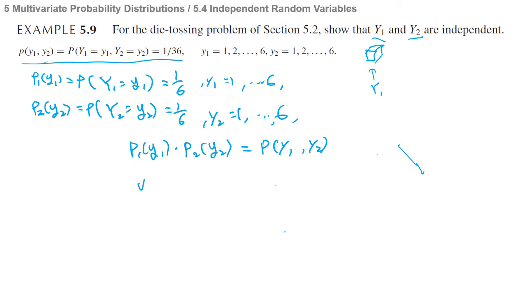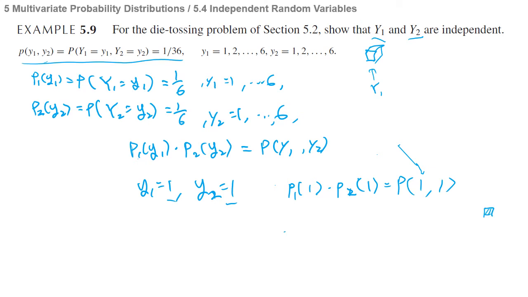Let's say y1 is 1 and y2 is 1, then 1 over 6 times 1 over 6: p1(1) times p2(1) is p(1, 1). And it is true for any combination of y1 and y2. So by the previous theorem, we can see that Y1 and Y2 are independent.